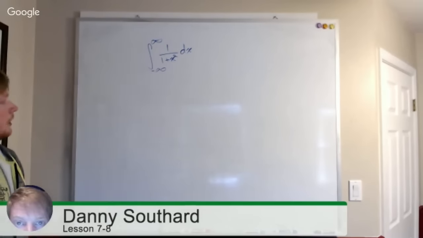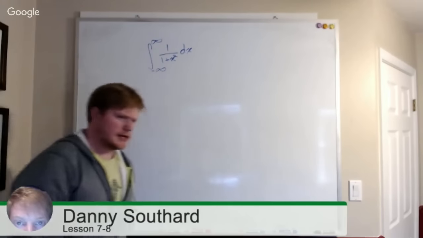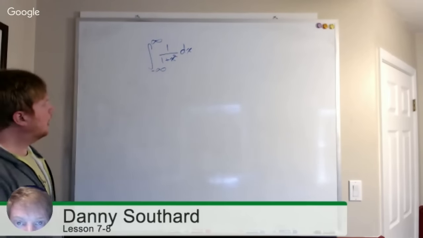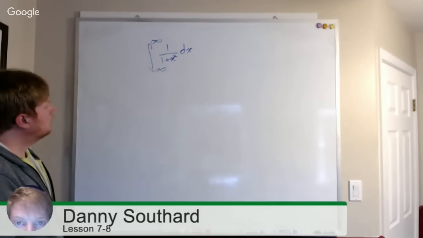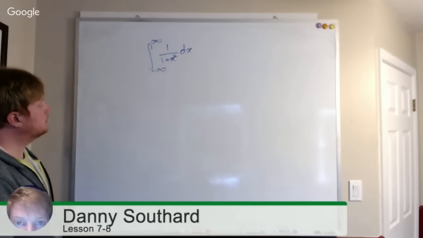Okay, so let's see. This function doesn't have a vertical asymptote.